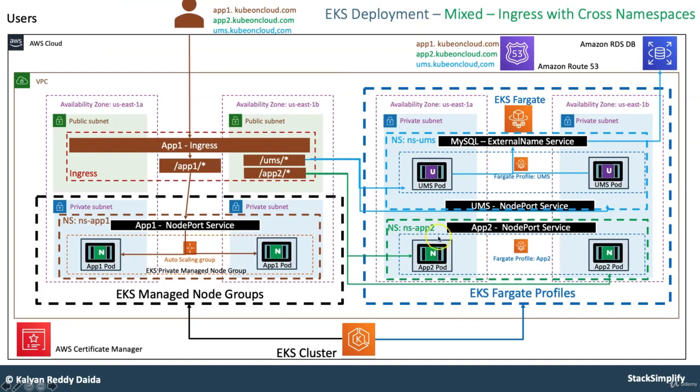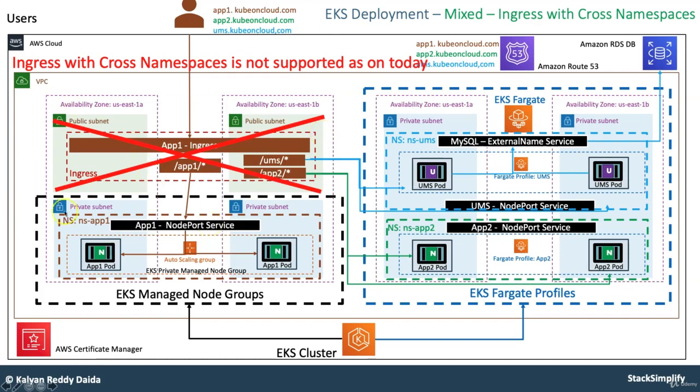If an ingress needs to go across namespaces to send traffic, that's not possible as of today, which means ingress across namespaces is not supported. There is even an open GitHub bug from 2015 onwards, but to date it is not resolved. Not only in ALB ingress, this is not supported as of today, so this concept is not applicable here.